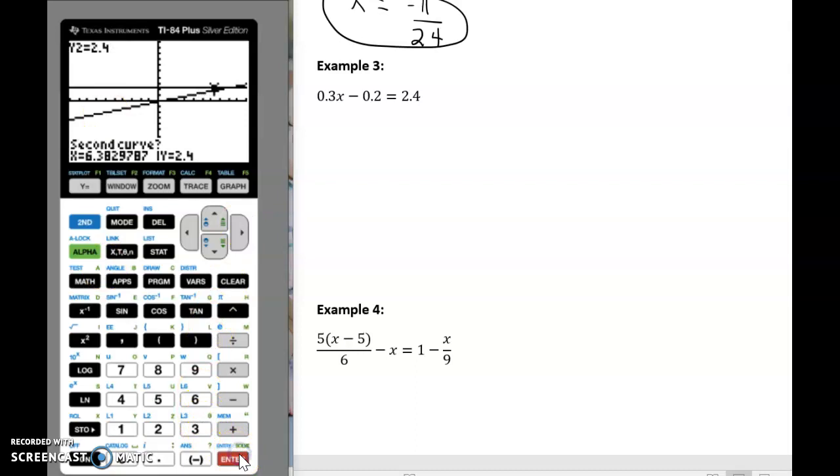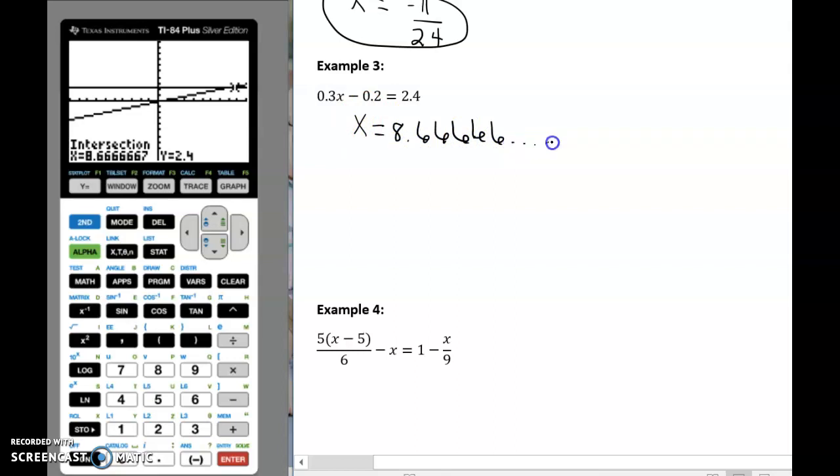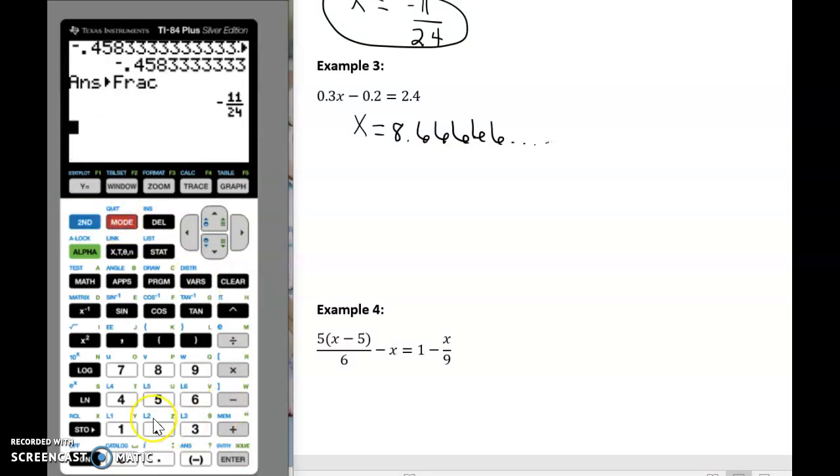Press enter, and we jumped up to the second curve. It's pretty close, so I'm going to leave it right there. Press enter, and then press enter one more time. And so we end up with x equals 8.66 repeating.